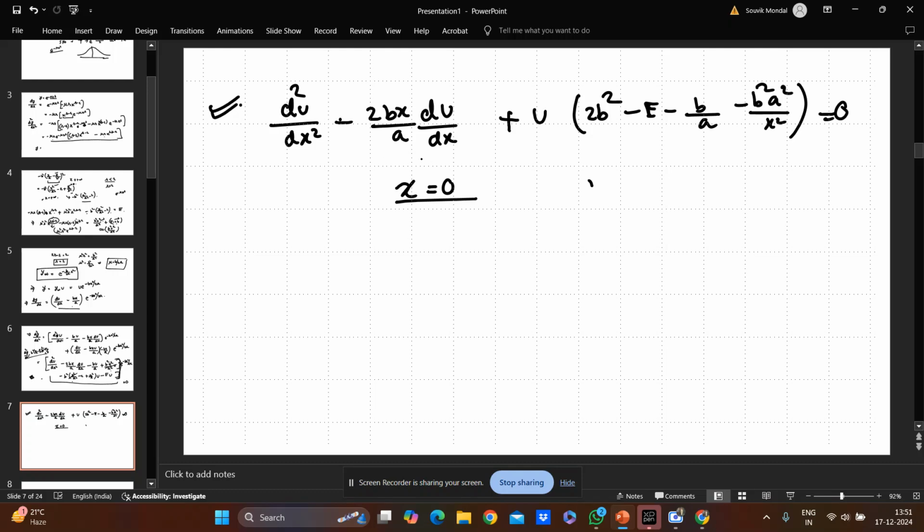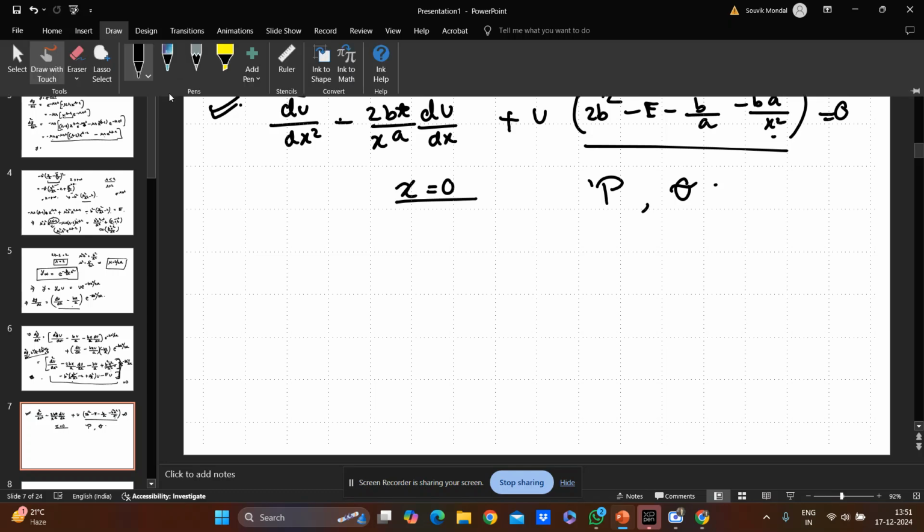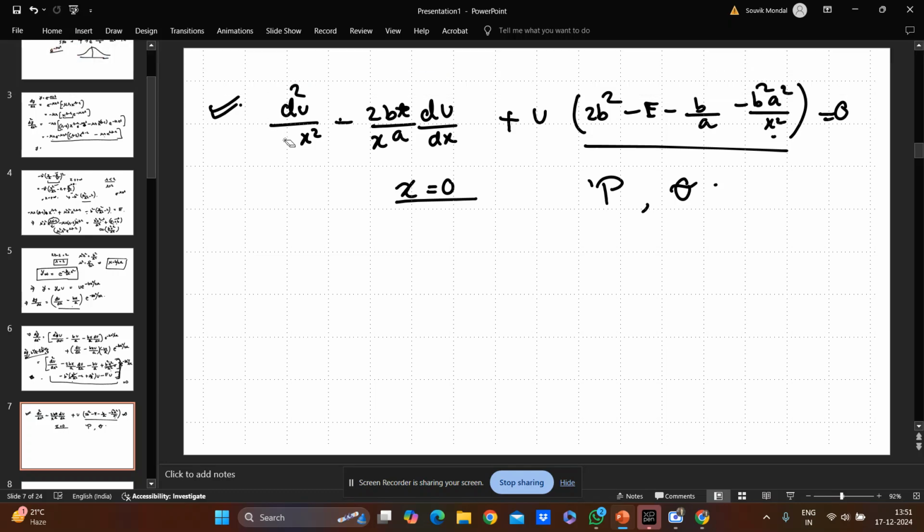Here you can observe that at x is equal to 0, suppose the coefficient of du/dx is p and the coefficient of u is q. So p is not diverging at x is equal to 0.